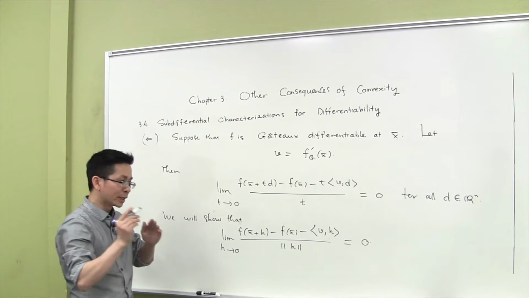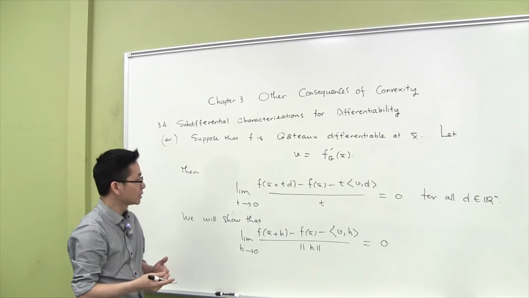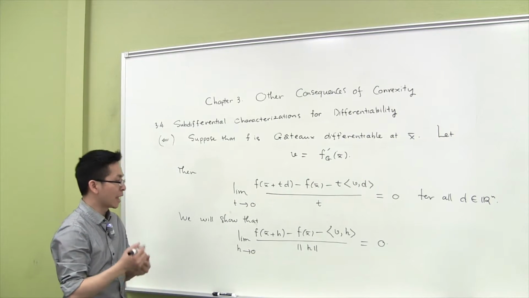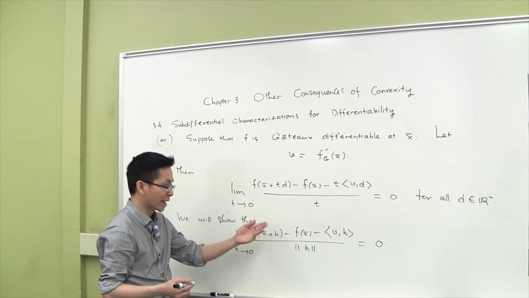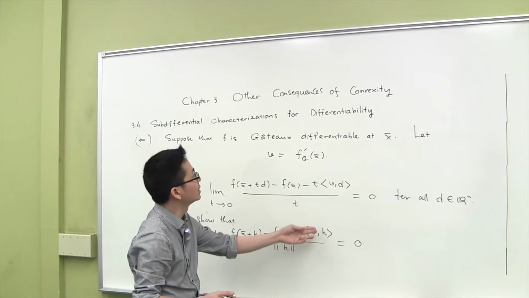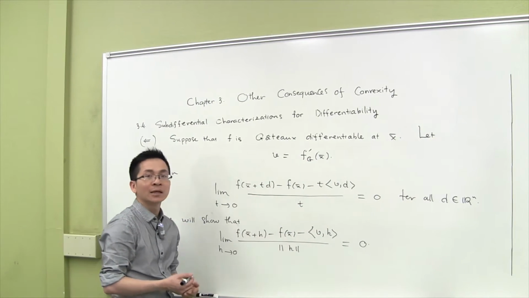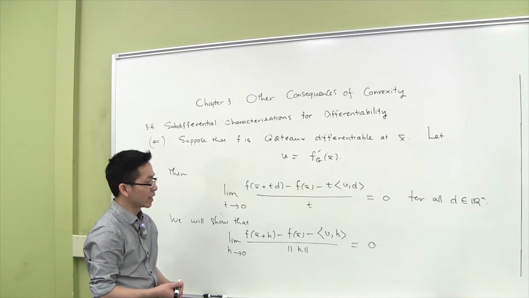If we can prove this, then our conclusion is f is Fréchet differentiable at x bar and its derivative is v, which is the same as the Gateaux derivative of the function f at x bar.